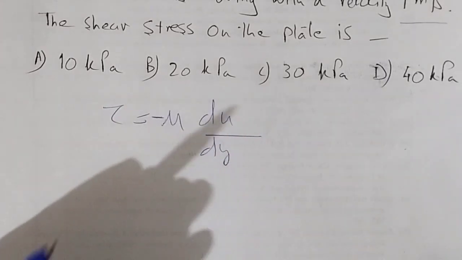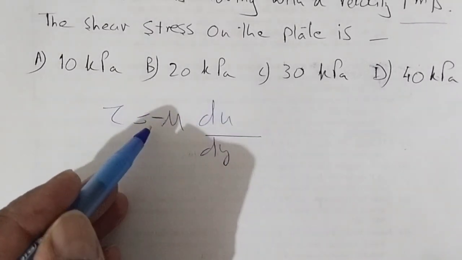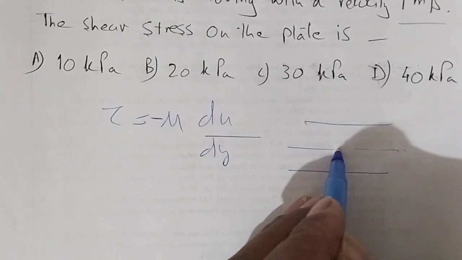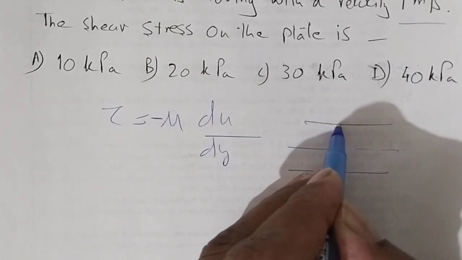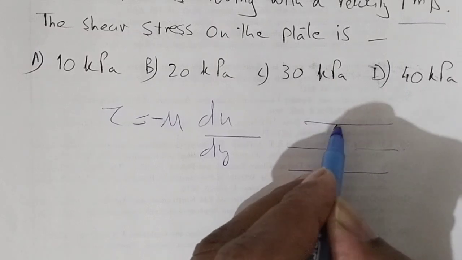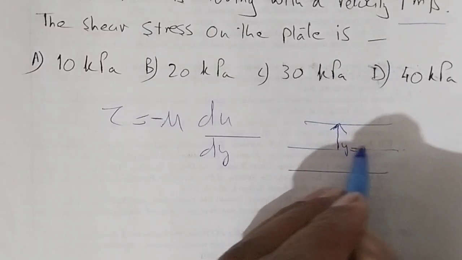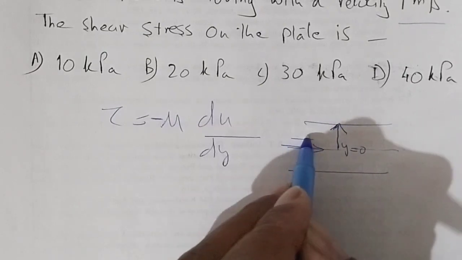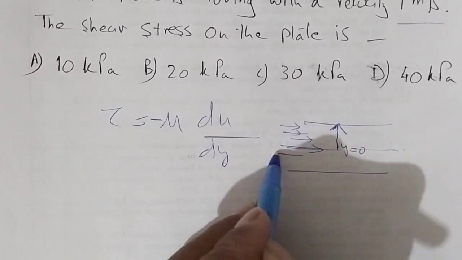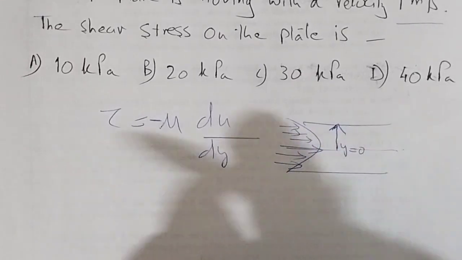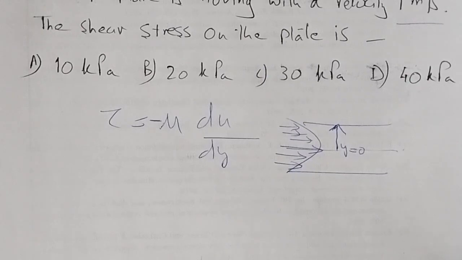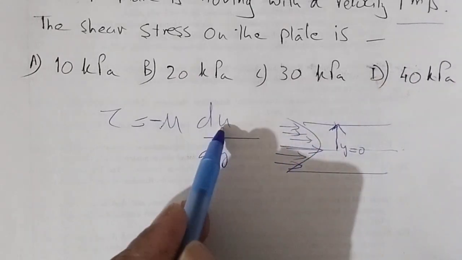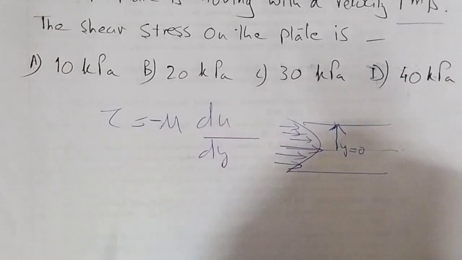I hope you already studied this, that the negative sign indicates that as the distance from the wall increases, if y is 0 over here, the velocity decreases. If it is the laminar flow region, the velocity profile is parabolic in nature. So as y increases, u decreases. So that's the reason for the negative sign.